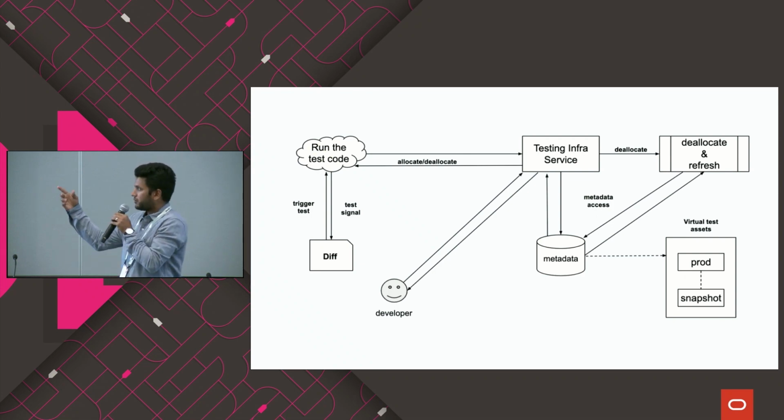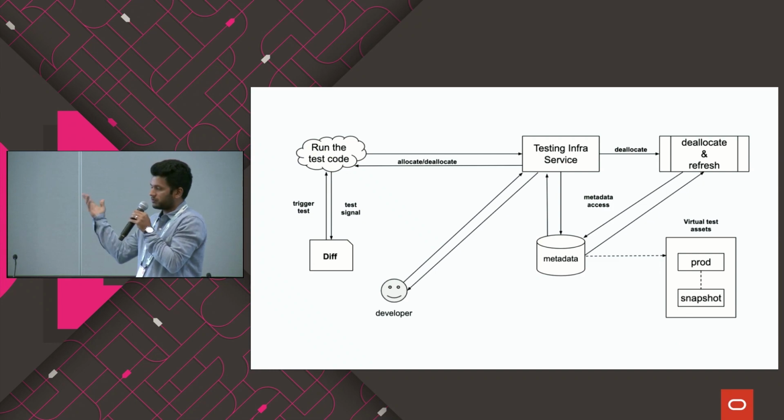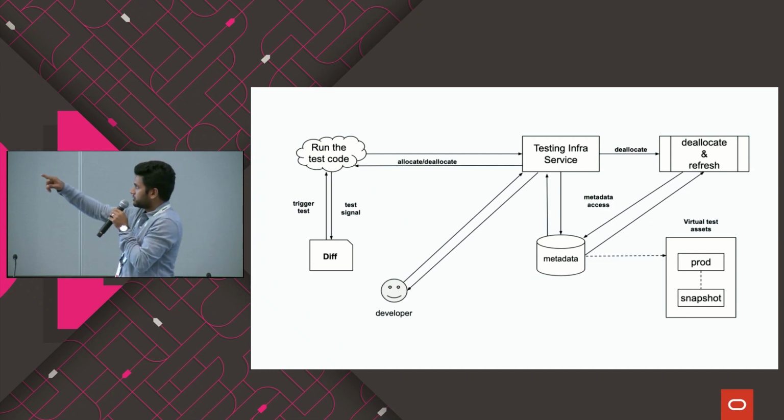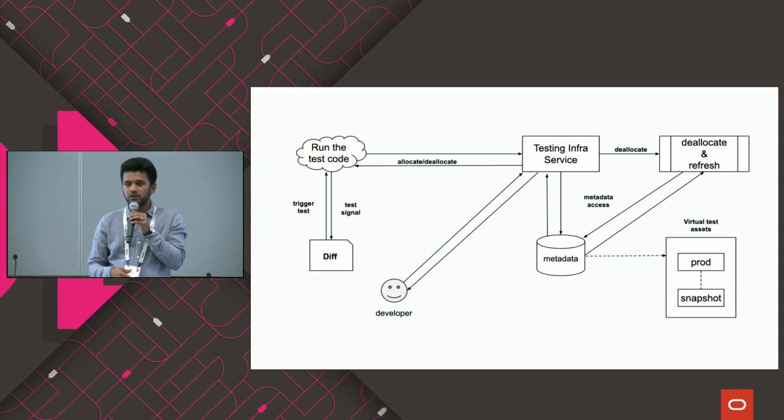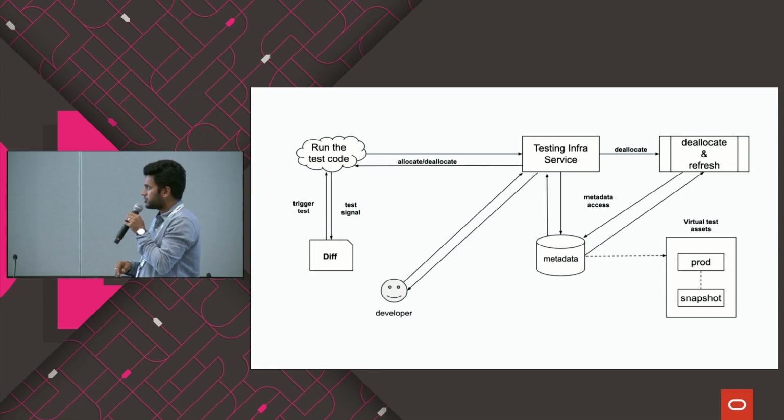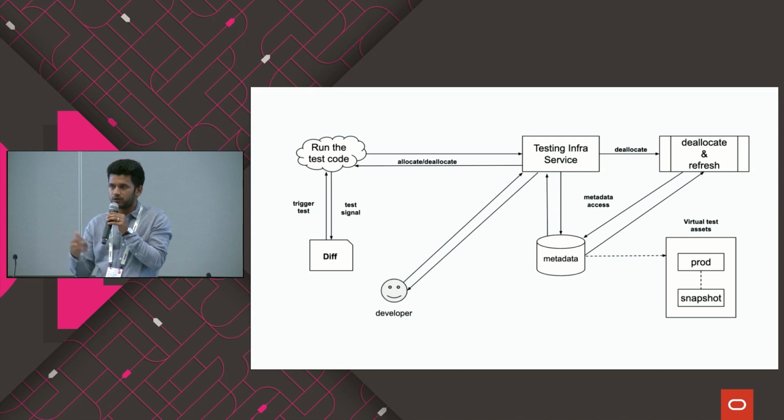That's why we chose to use VMs for this. So we have the working copy of the virtual asset and the passive copy, and that's what is illustrated on the right-hand side. When we deallocate, we switch the pointer around and reboot the VMs with the passive snapshot, and all the metadata is updated. It also has interfaces for developers to reserve test assets individually, like if you want to play around and test specific components under different failure scenarios.